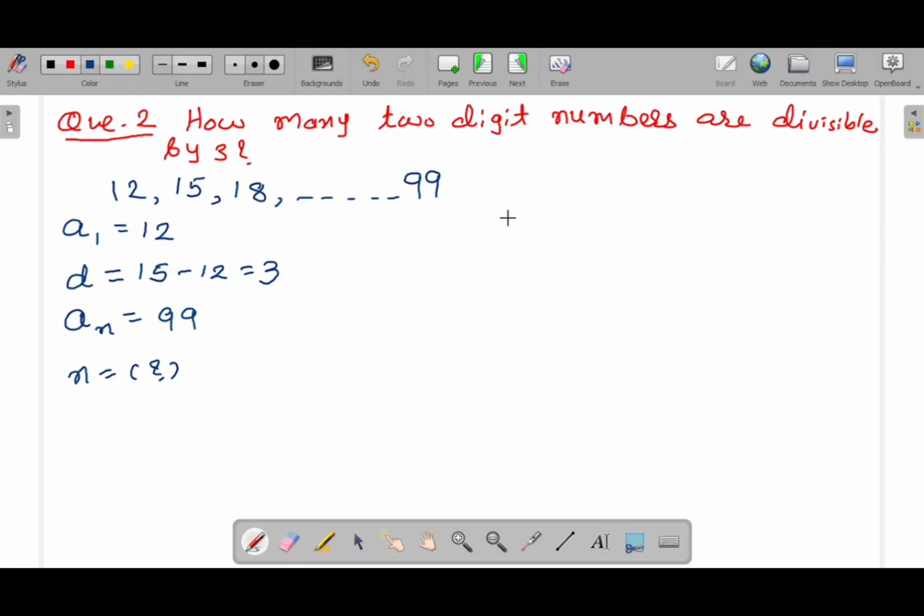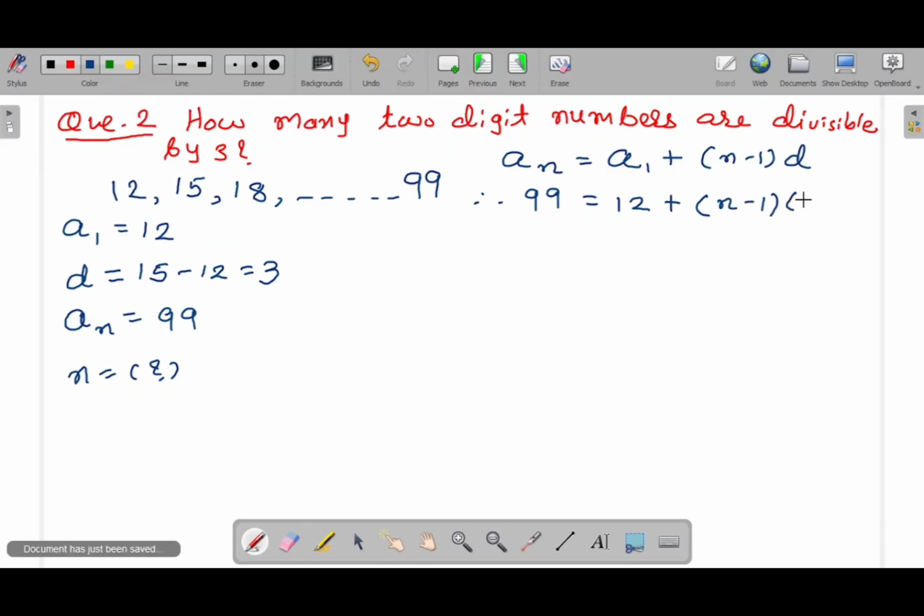So let's see. First of all, we write down the formula. AN equals A1 plus N minus 1 into D. Here we know the value of AN, which is 99. We know the first term, which is 12, plus we don't know N, so let it be as it is. But we know the difference, it is 3.